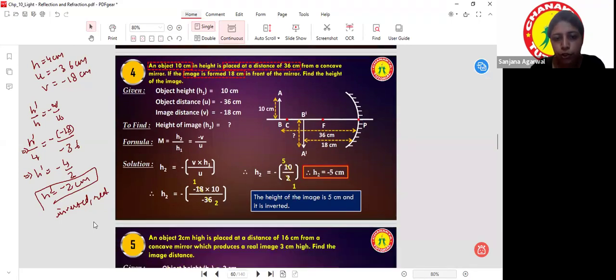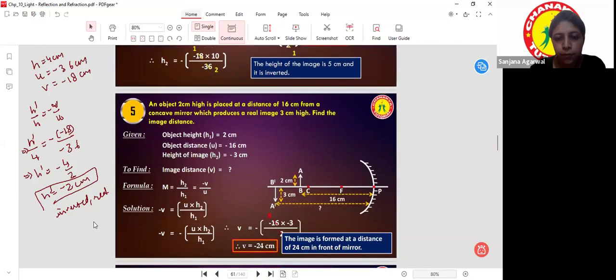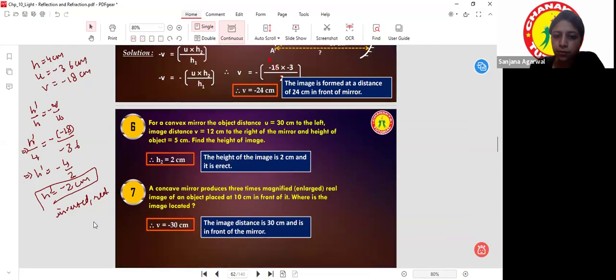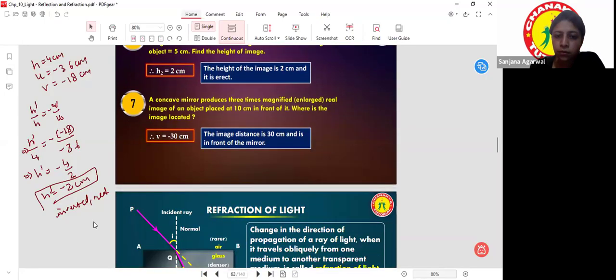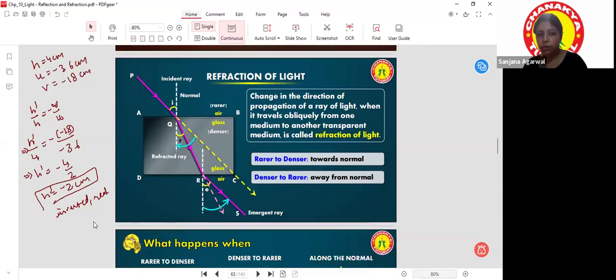Same, similar type of question based on magnification. There are ample of questions, children. You can keep practicing. Okay, here comes another, the next part of this chapter, which is refraction of light.